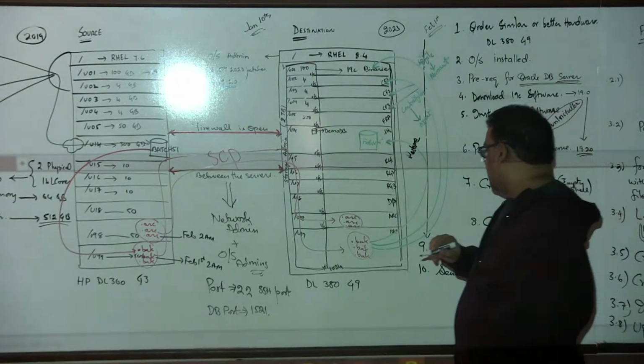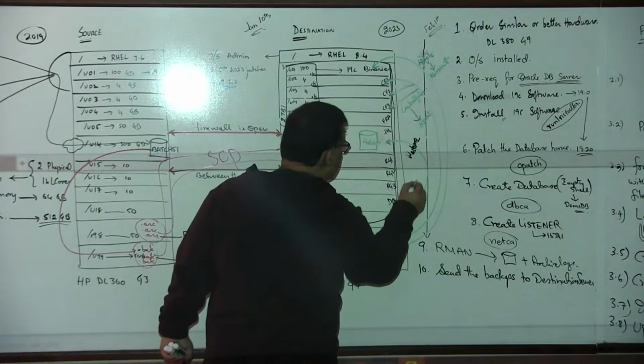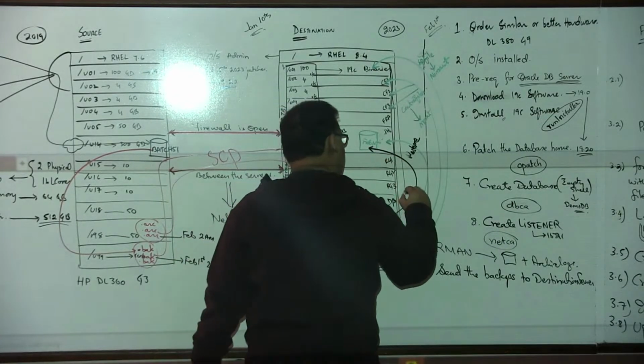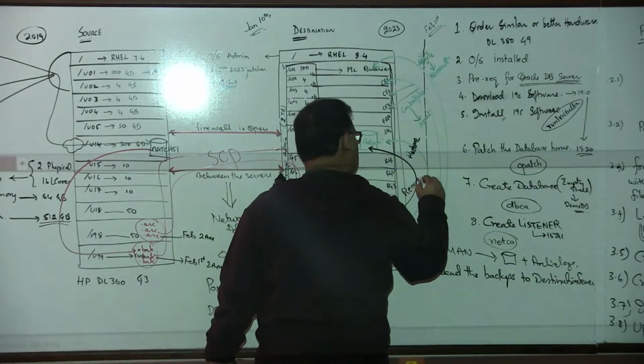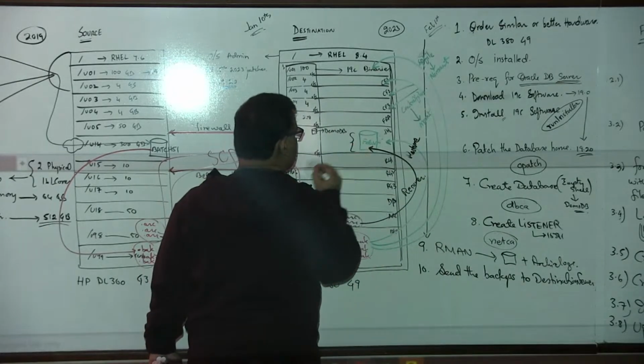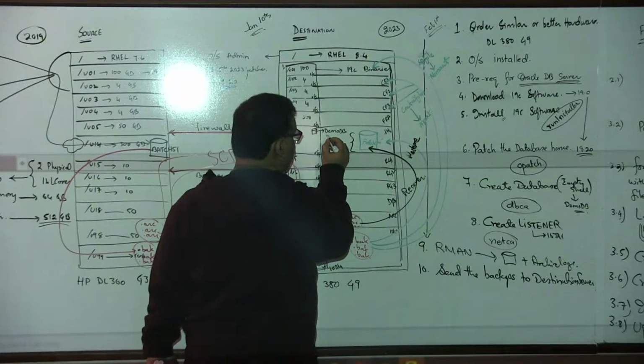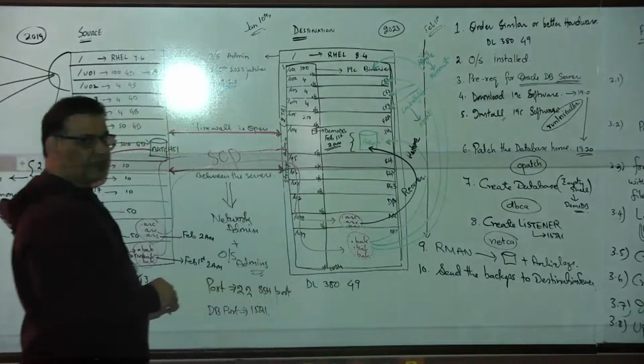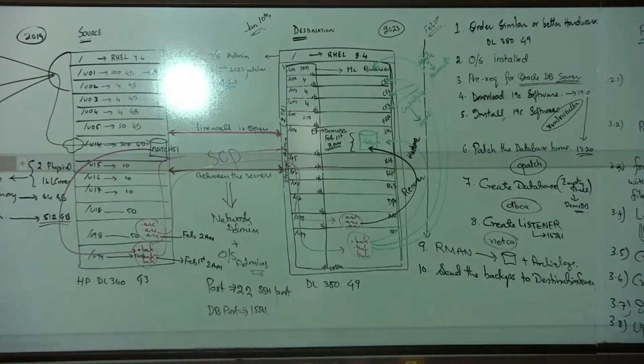RMAN restore is done. Now using the archives, I'm going to recover. So my database is now at February 1st, 2 a.m. I have the exact image copy of February 1st, 2 a.m.